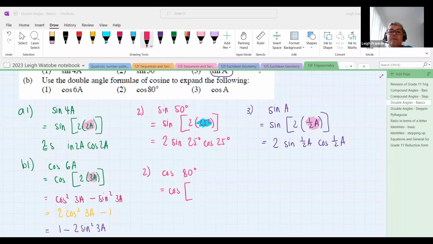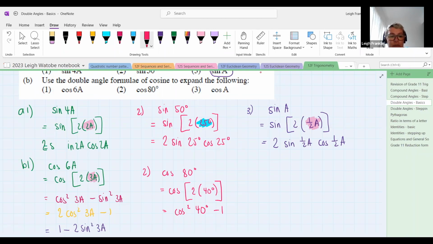Go for it, Lisa. It's going to be cos open bracket 2 times 40 degrees. Awesome. Keep going. Equal to 2 cos squared 40 degrees minus 1.